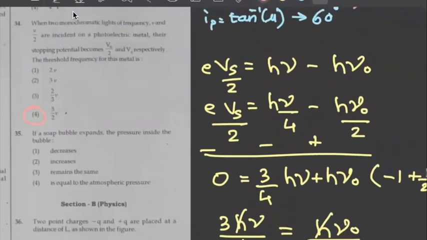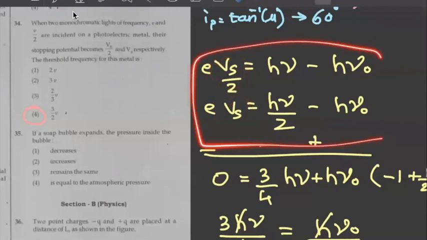But still, if you have a close look at this equation again, let me go back to the original equation. What were we dividing? This one we were dividing by 2. So we had the first one as nu and the second one is nu by 2. And the first one was Vs by 2 and this is Vs. So there is something wrong in the numbers.